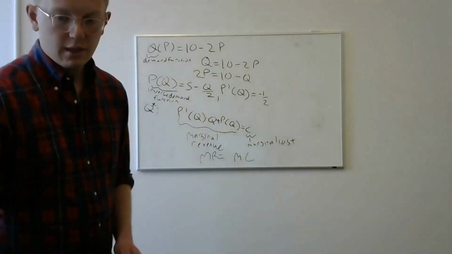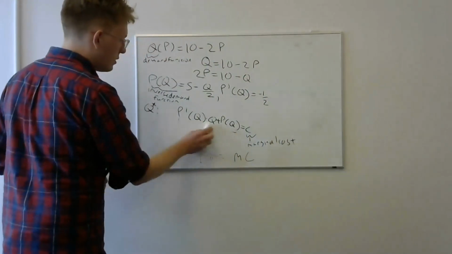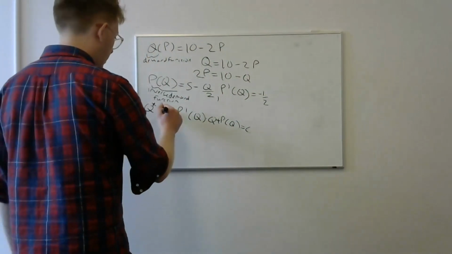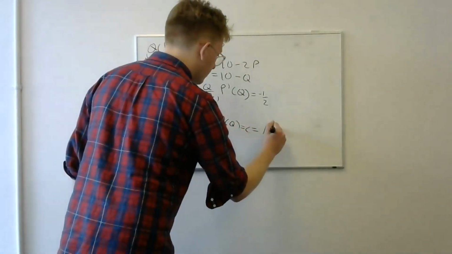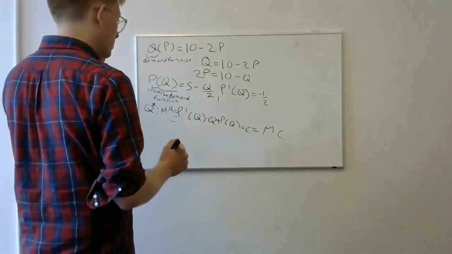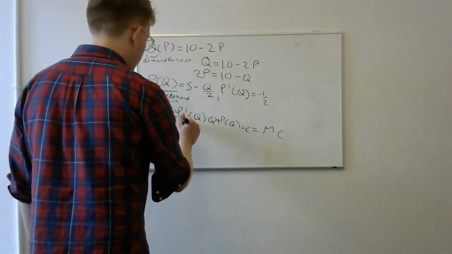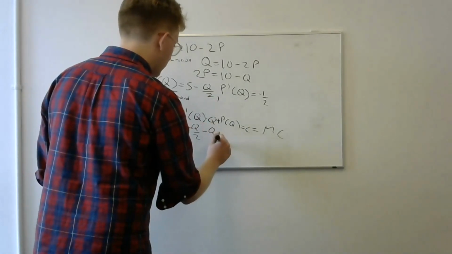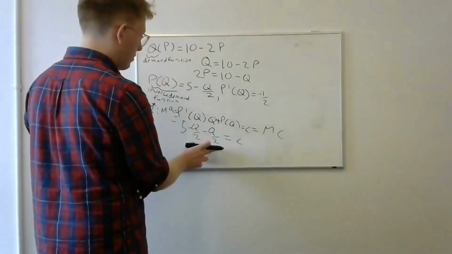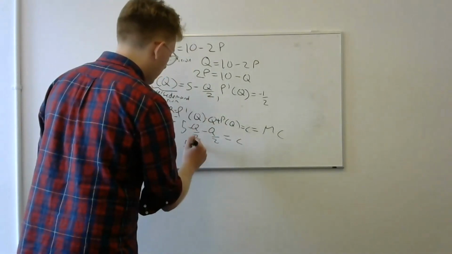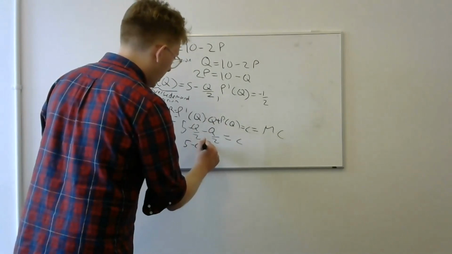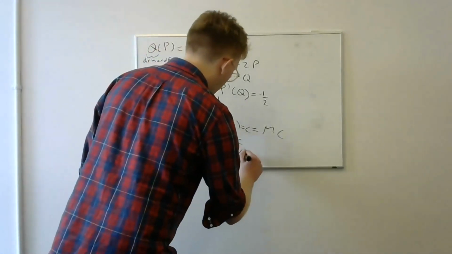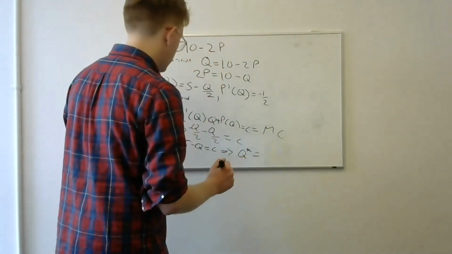That implies that marginal revenue, 5 minus Q over 2 minus Q over 2, is equal to C. These terms combine, and we get that 5 minus Q has to be equal to C, and thus the optimal amount of Q my monopolist will produce is just going to be given by 5 minus C.